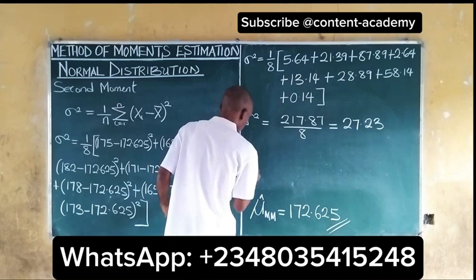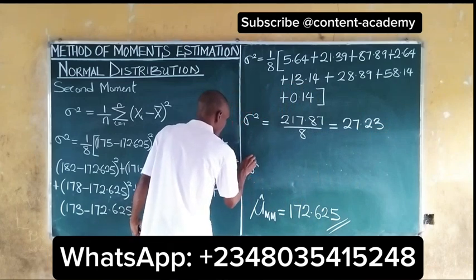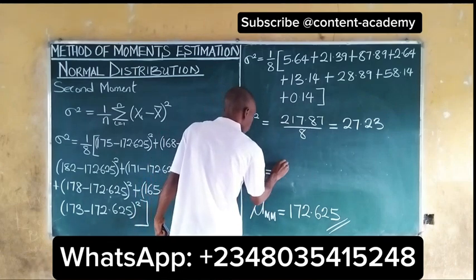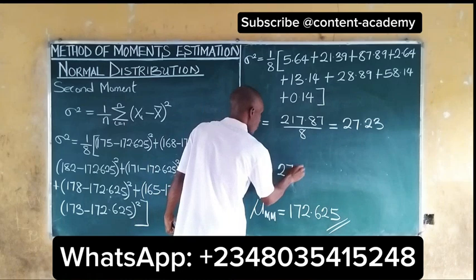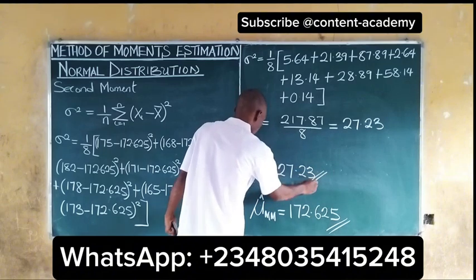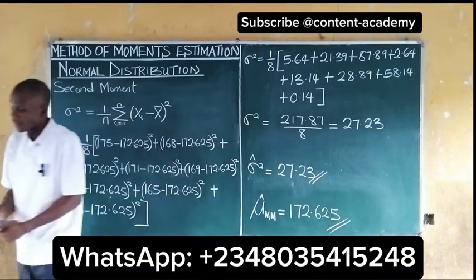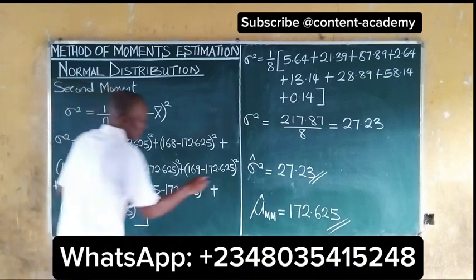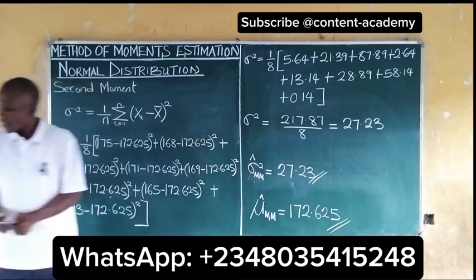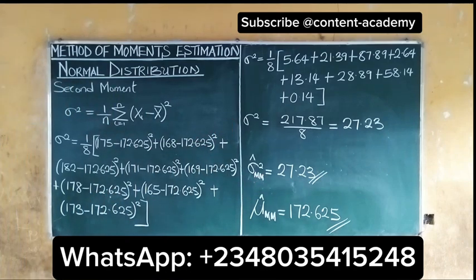So our variance estimate is equal to 27.23. This becomes our variance for the method of moments, and that becomes our mean for the method of moments.